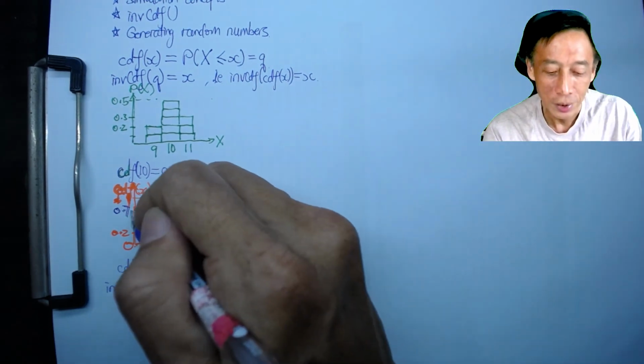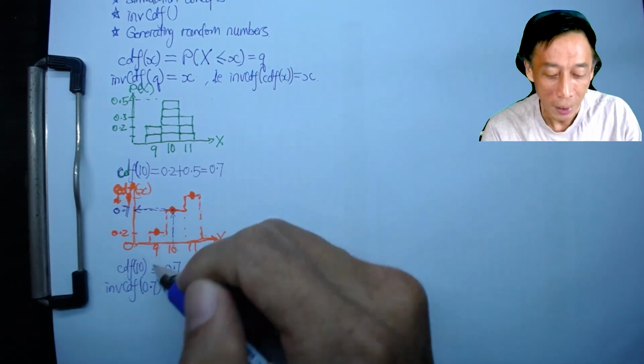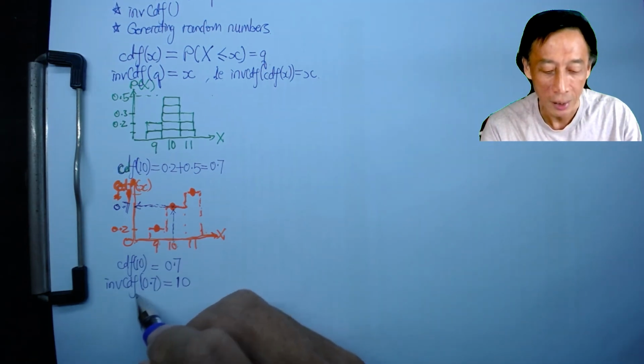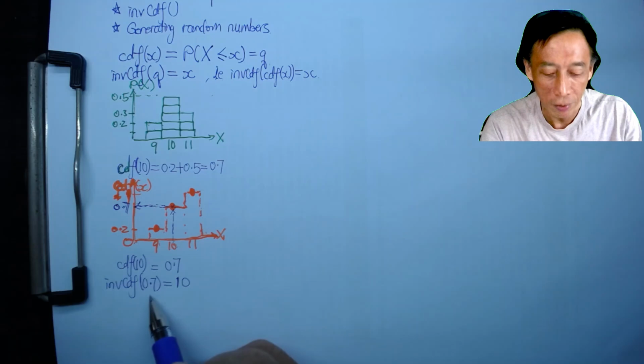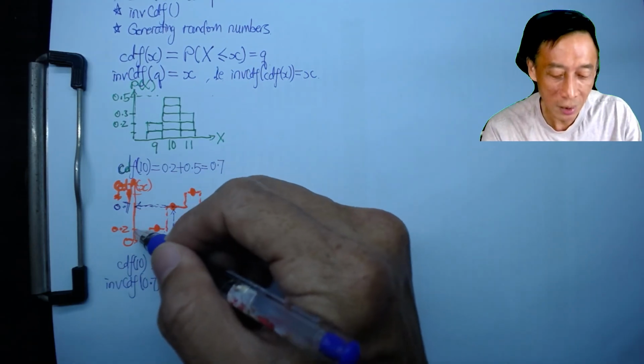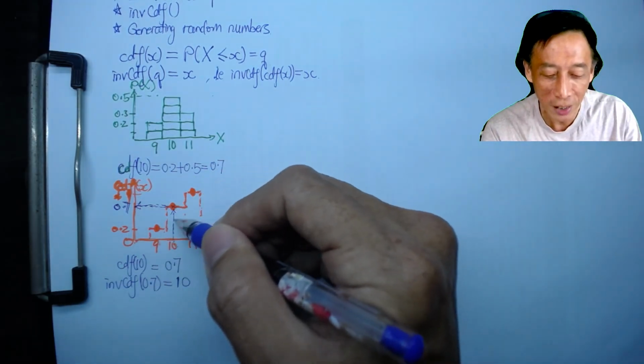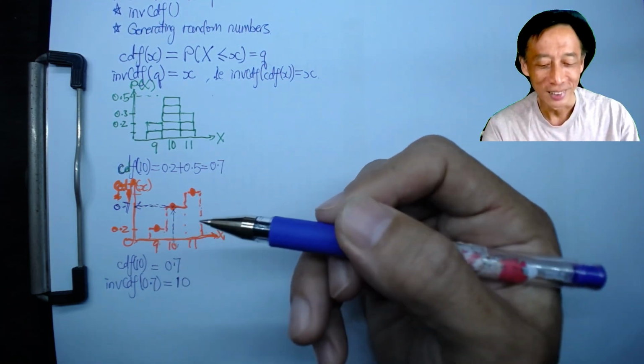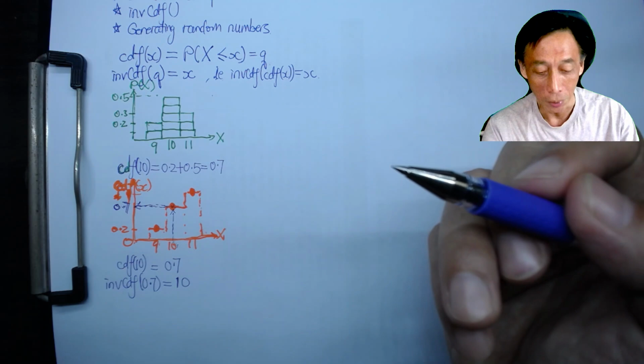That's the reverse lookup, which is what inverse CDF means here. Calculating the inverse CDF of 0.7 just means first start at the y-axis, then find the value on the x-axis that corresponds to the y-axis value. That's the whole idea here.